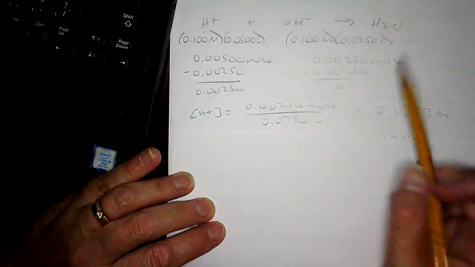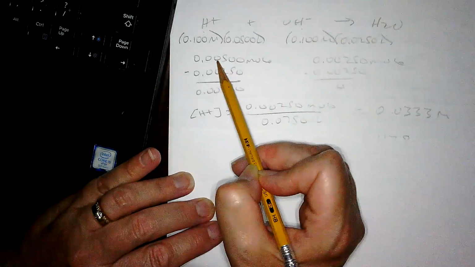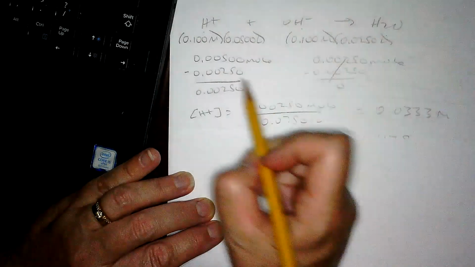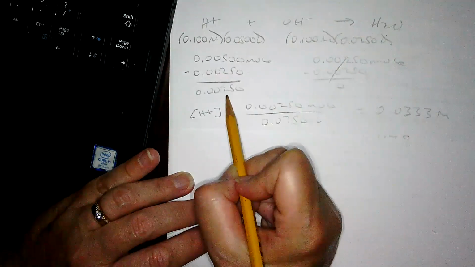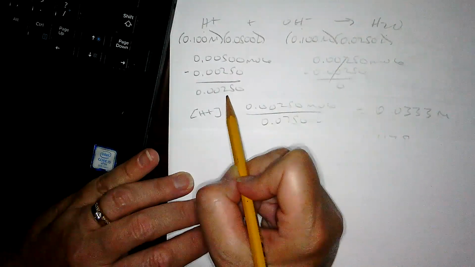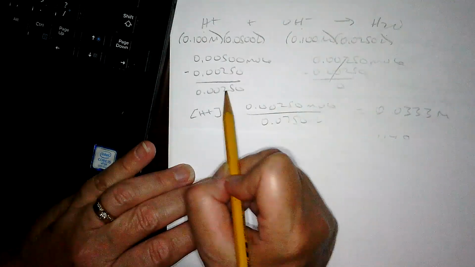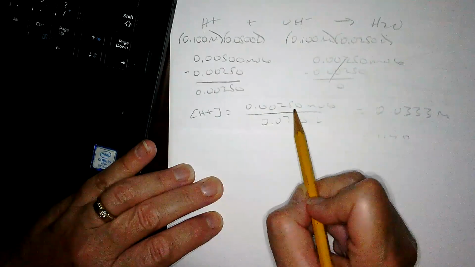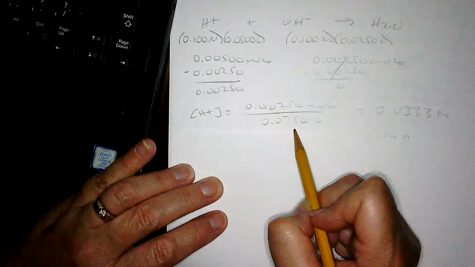We have less hydroxide than we have hydrogen ion. So all of the hydroxide is consumed. Some of the hydrogen is consumed and some of it's left over. We can calculate the pH from the hydrogen that's left over, except that this is moles and we need molarity. So we would take the moles of hydrogen left unreacted, divide it by the total volume.